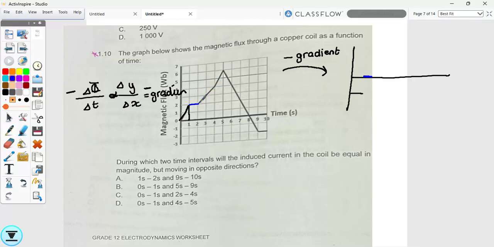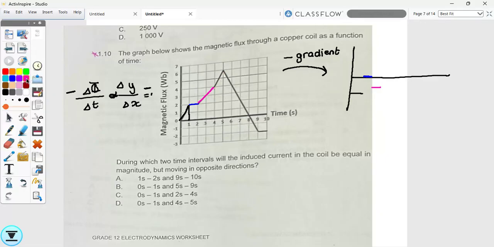Here it will go up, but I wrote over the thing here. For this bit here, your gradient is, we're going 2 up, 2 across. So here it's 2 over 1, which is 2. Here's 2 over 2. So that one will be a little bit smaller. It's positive again. So this line would be negative, but it will be half of what the first one was.